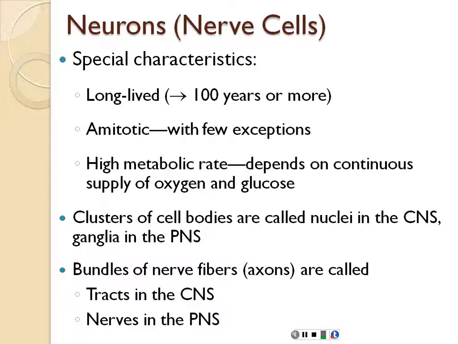So neurons are long-lived, 100 years or more, so however long we live, that's how long we have those neurons. They're amitotic. And what do you think that word means? They don't undergo mitosis. Okay, so neurons do not undergo mitosis with very few exceptions. They have a very high metabolic rate. What does that mean?